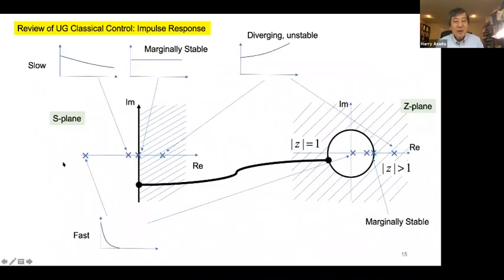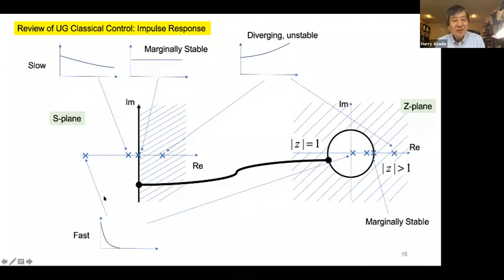So, this one is the S-plane. This is just the standard transfer function pole-zero analysis, right? Depending on the location of the poles, you can see the response associated with them. If you have poles far from the imaginary axis, the impulse response converges very quickly, just going down.